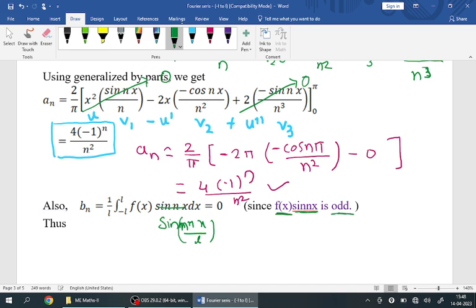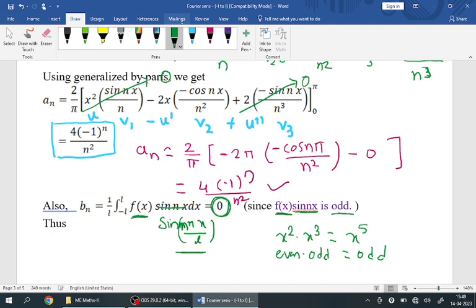For example, x square is even, x cube is odd, and if you multiply these two, there is addition of the indices, x raised to 5. So even into odd function is always odd, and in this case, fx is even, sine is odd, even into odd is odd, and the range is minus L to L. So the answer is always 0.